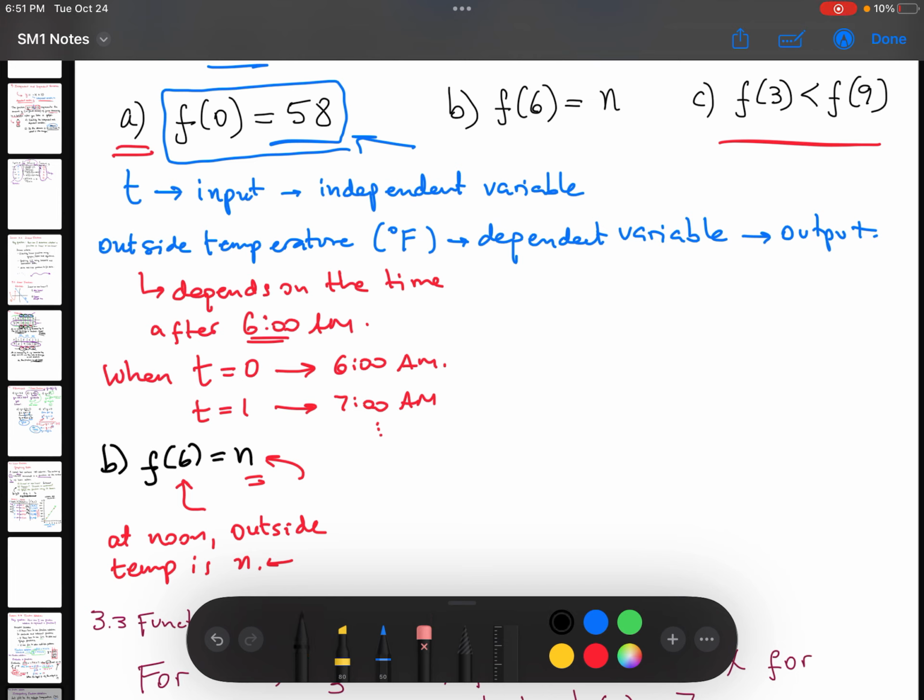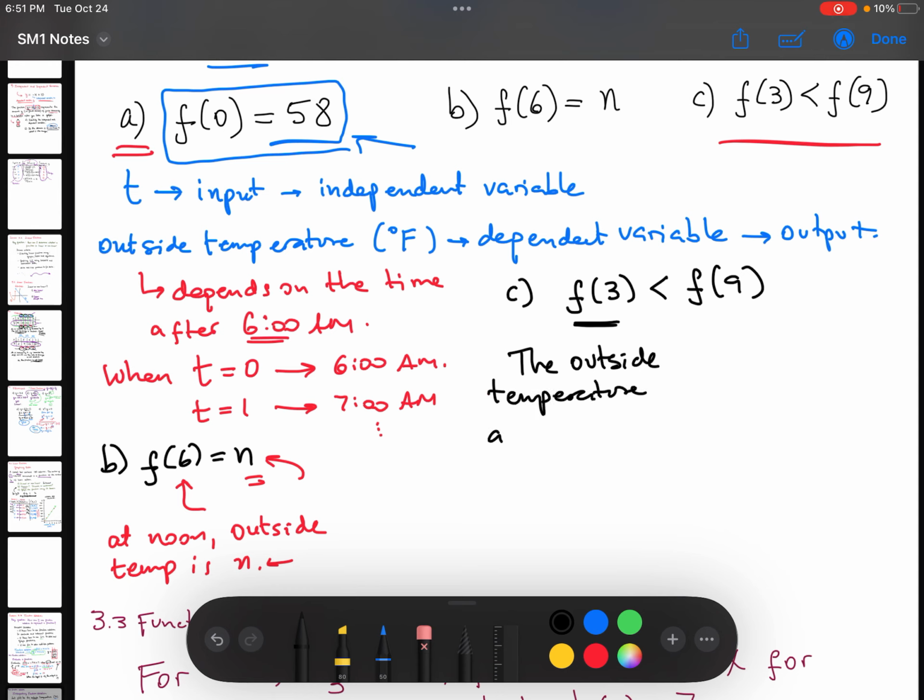So here we go. C, they tell me f of 3 is less than f of 9. But what is this? F of 3 is the outside temperature at what time?